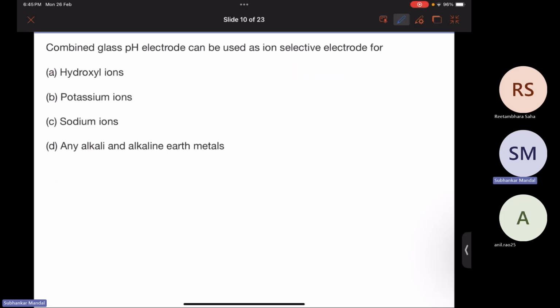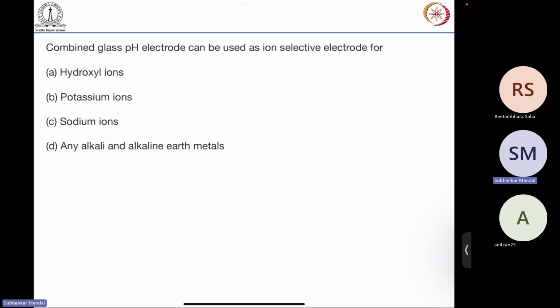Okay, so you can go to the next question. What is the next question? Combined glass pH electrode can be used as ion selective electrode for hydroxyl ion, potassium ions, sodium ions, any alkali and alkaline earth metal ions. Which one will be the answer?